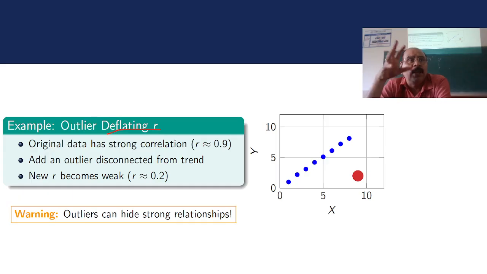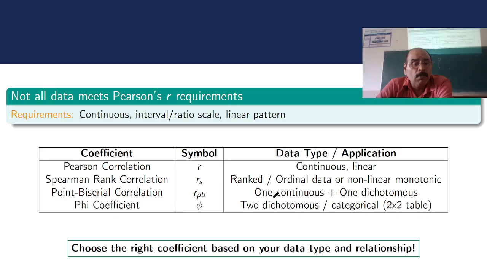So what happens with deflating and inflating outliers? How do inflating outliers affect Pearson's correlation coefficient? We have some other alternatives.